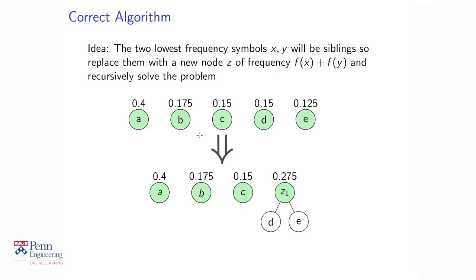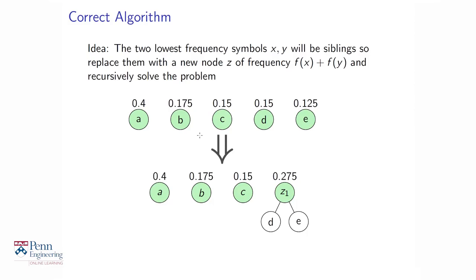So basically, treat them as though they're one new symbol whose frequency is the sum of the frequencies of the 2 symbols with the least frequency, and recurse on this problem, which now has only n-1 symbols. Originally we had n symbols. We just combined 2 symbols and replaced them by 1, so we have n-1 symbols, and we can keep going like this. So the greedy algorithm is to recursively and repeatedly combine the 2 symbols of least frequency.